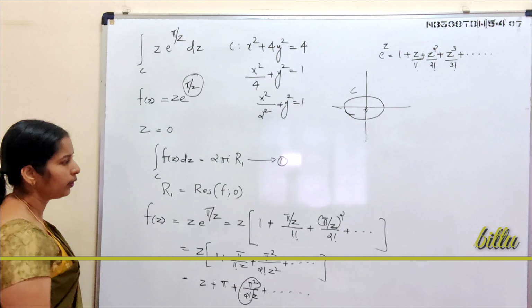So the residue is the coefficient of 1 by z, which is 5 square by 2 factorial.